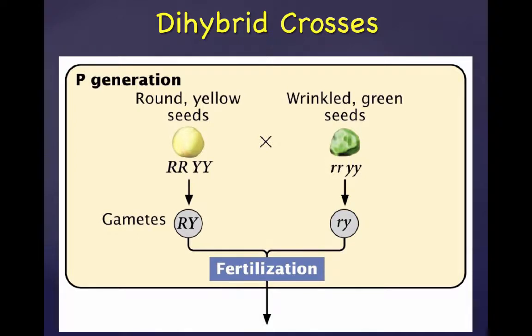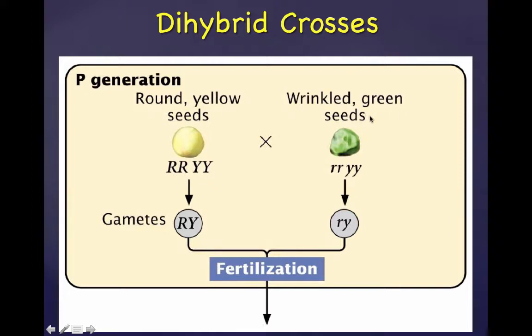So, for example, in this figure, we're looking at the two parents, and they have two phenotypes. One for seed shape, it's either round or wrinkled, and one for seed color, it's either yellow or green. So, in our P generation here, our first parent is homozygous for both traits, so big R for round, and big Y for yellow.